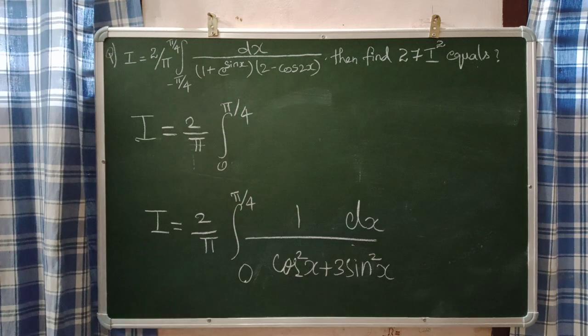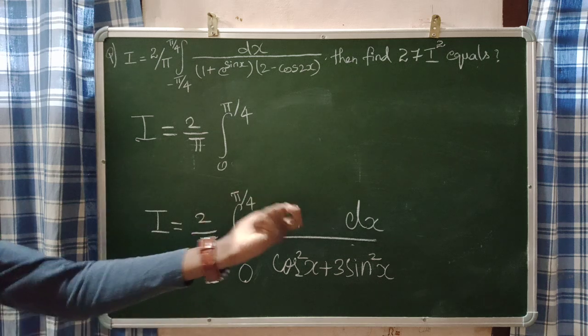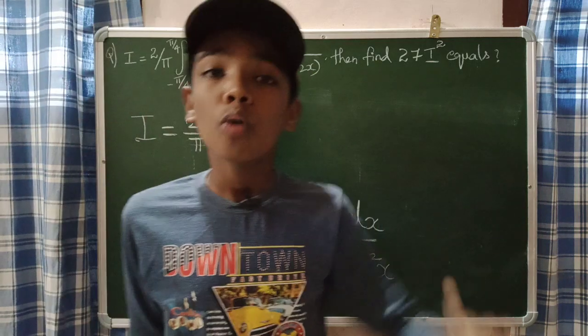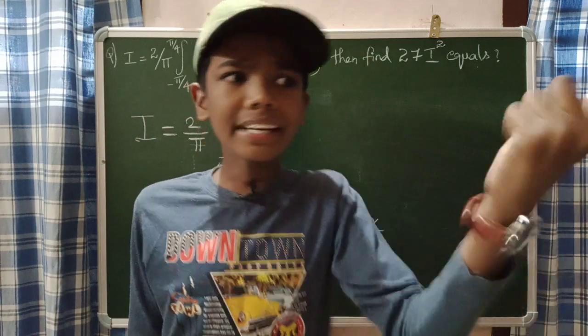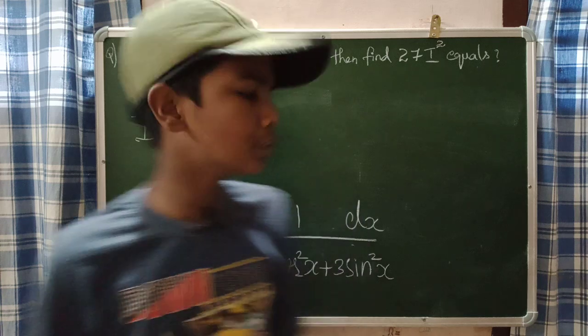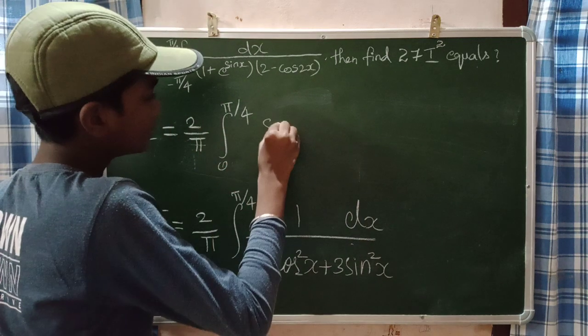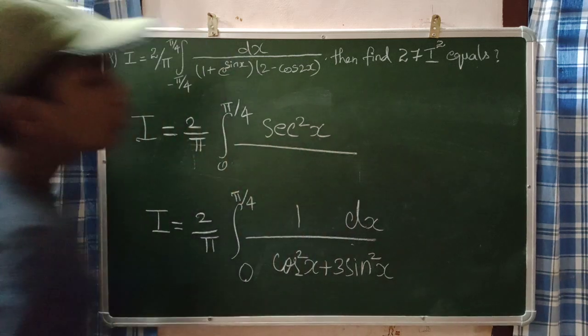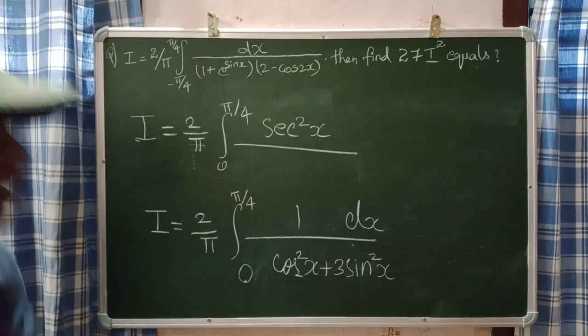Then when I divide cos square x on both numerator and denominator, what you will get in the numerator is 1 by cos square x, which is secant square x. That's your simple ratios. So 1 by cos square x is secant square x. The basic thing, guys, I am just dividing cos square x on both the numerator and denominator.